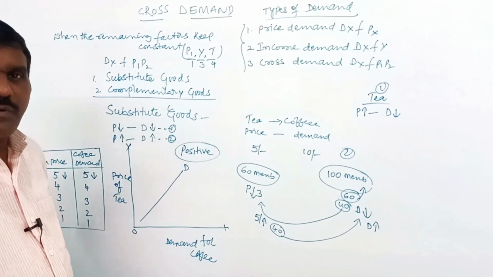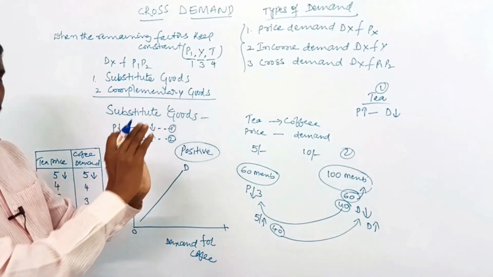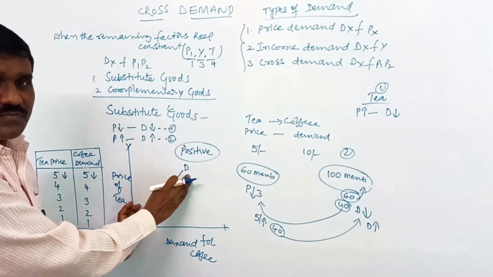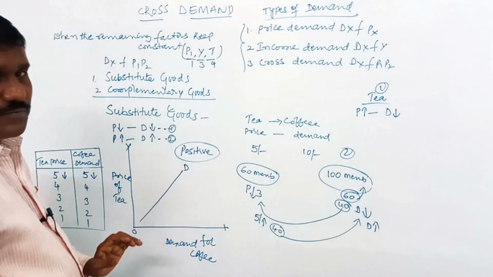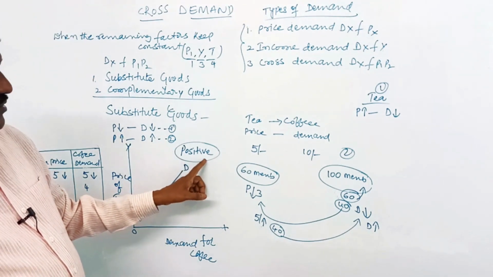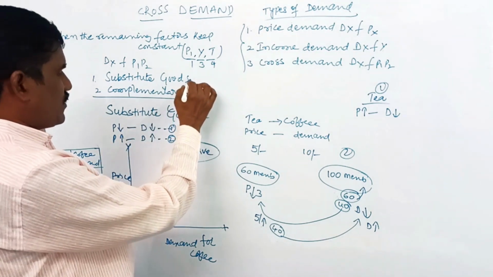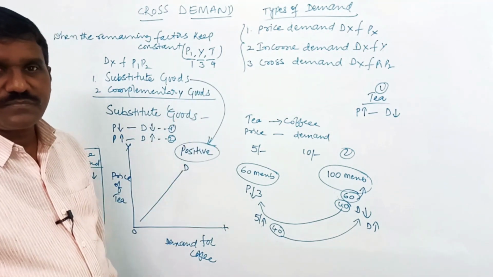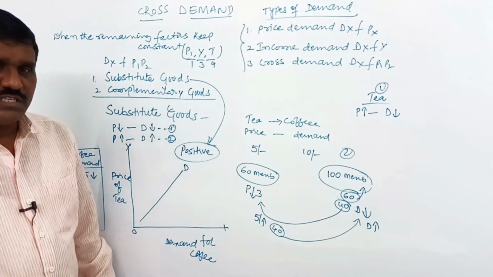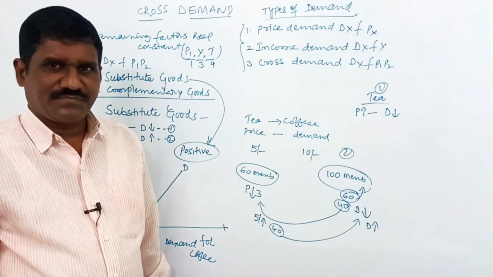The demand curve slope is positive. Positive means upwards from left to right. Upwards from left to right is called a positive slope. So for substitute goods, the demand curve slope is positive. Okay, so this is the first one.